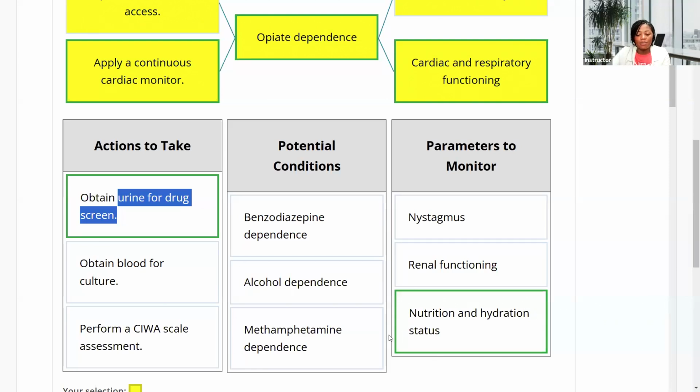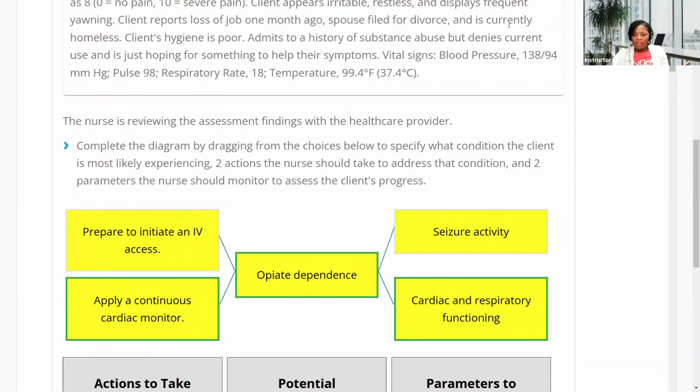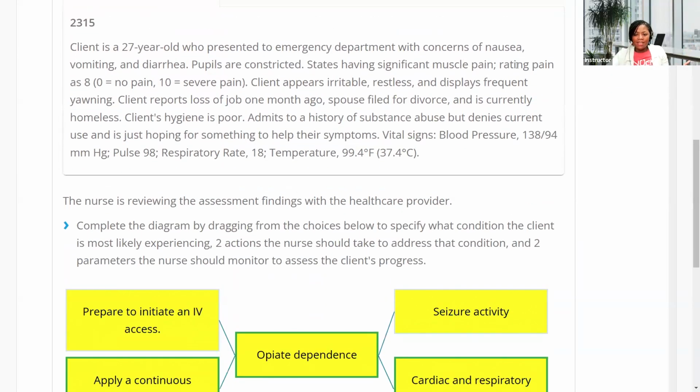And this is Maslow's basic hierarchy right there. This is a Maslow strategy. This is your ABC right here. Airway, breathing, circulation. That's the strategy. And this is your Maslow fundamental. This patient who's going through these things, they're nauseous, they're vomiting, and they have diarrhea.